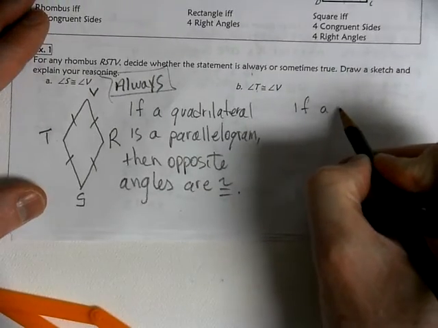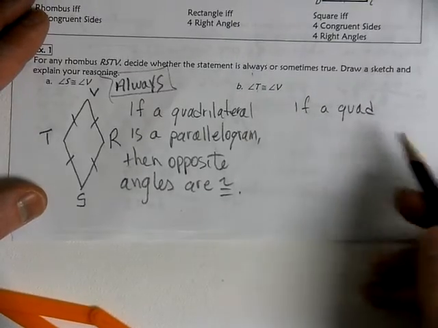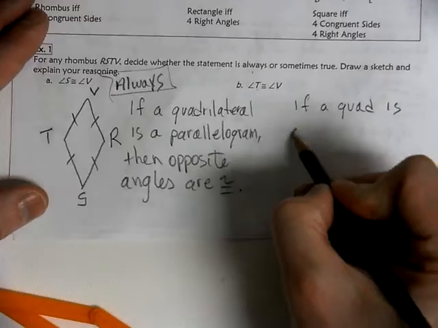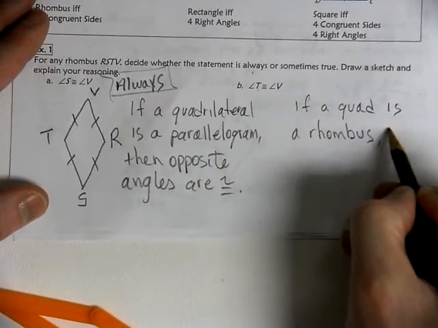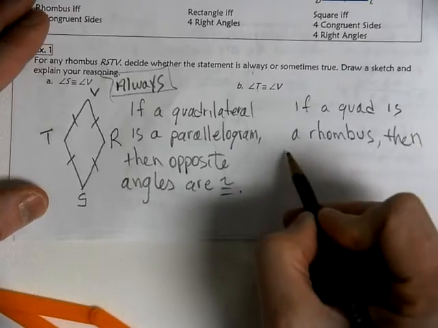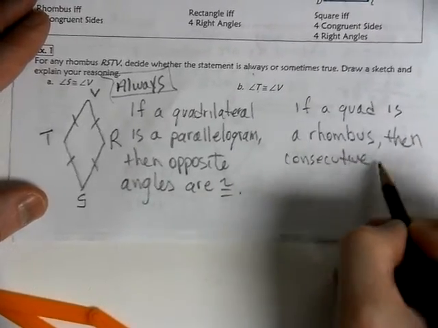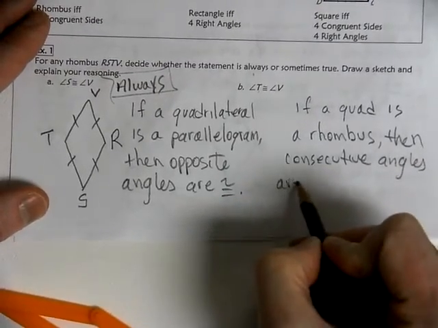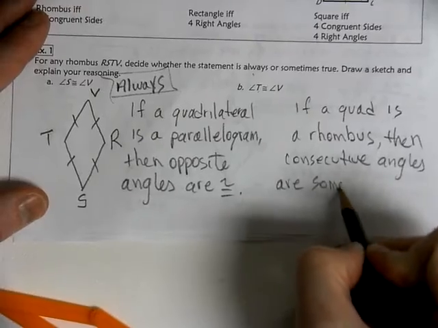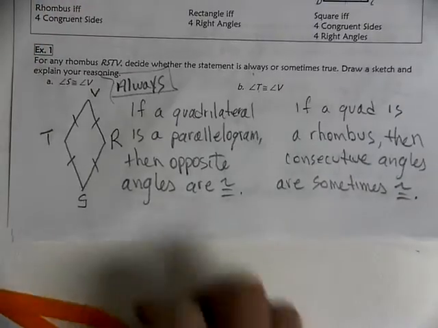If a quadrilateral, we'll just call it quad, if a quad is a rhombus, then consecutive angles are sometimes congruent.